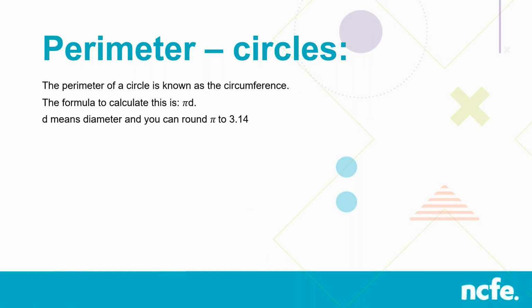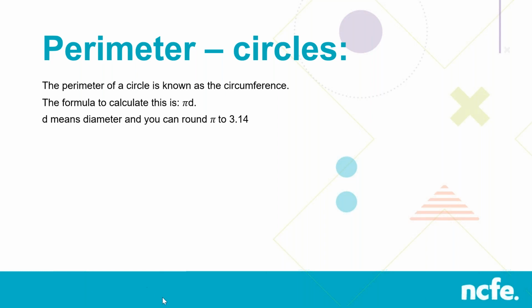The perimeter of a circle is known as a circumference. The formula to calculate this is pi d. D means diameter, and you can round pi to 3.14.